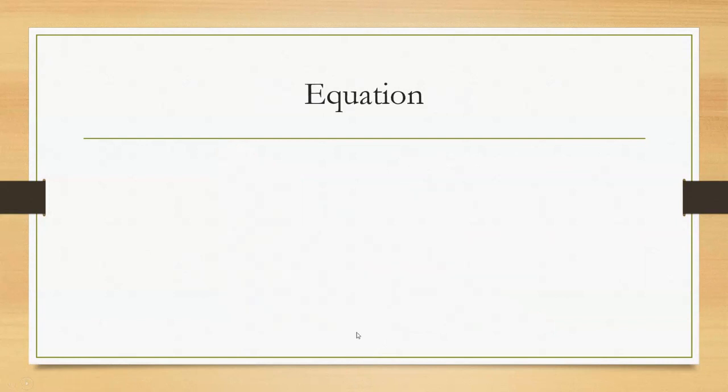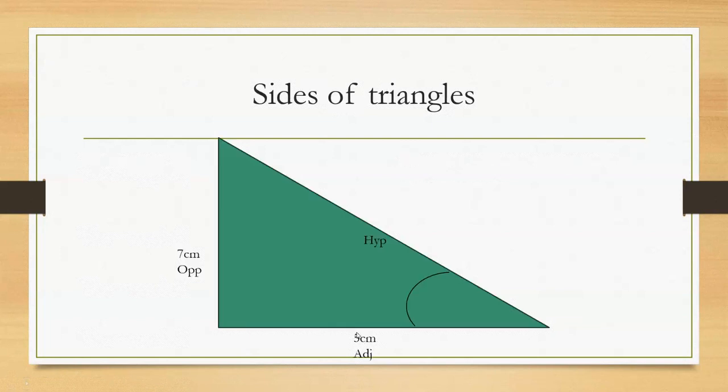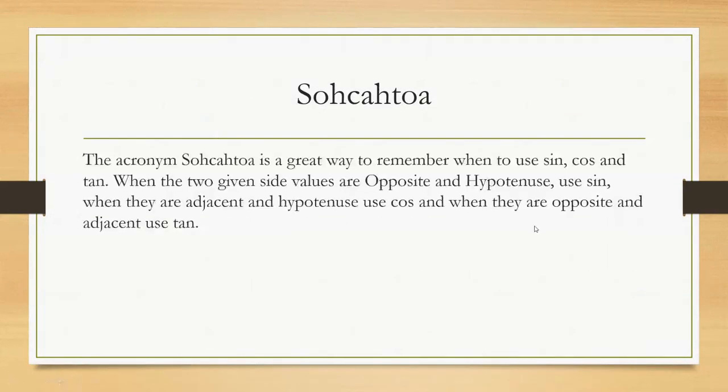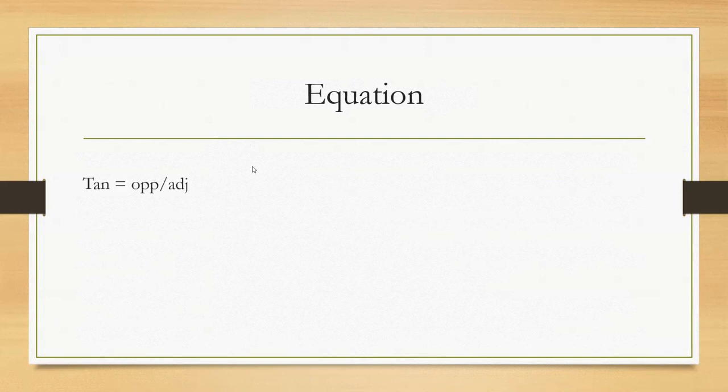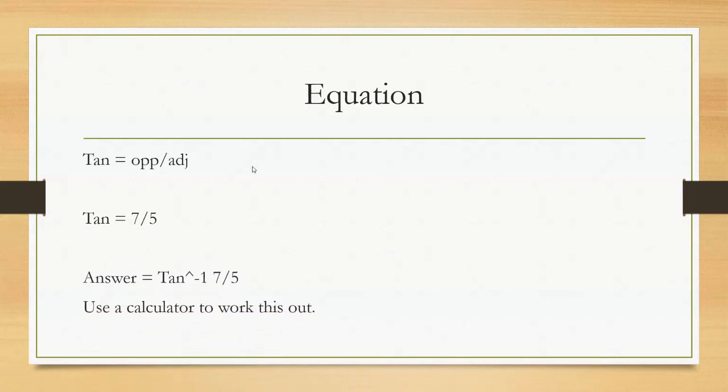Right, so this is the equation. Tan equals opposite divided by adjacent. If we go back to SOHCAHTOA, you can see here, opposite, adjacent, you just have to divide them. It's simple. So tan in this case would equal 7 over 5. But we need to get rid of the tan. So what we do is tan to the power of -1, 7 over 5.